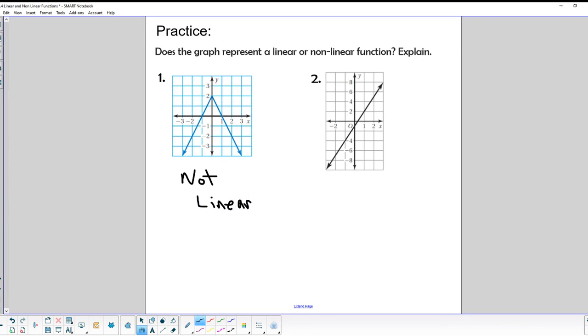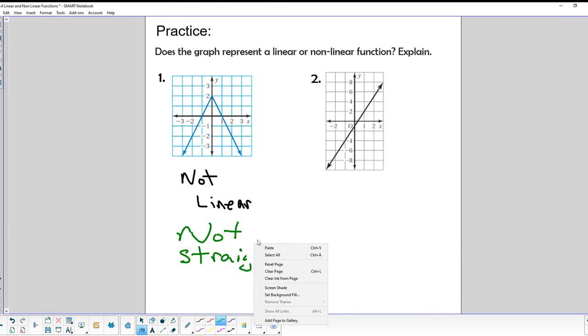And when you explain it, the reason why it's not linear is it's not a straight line, right?